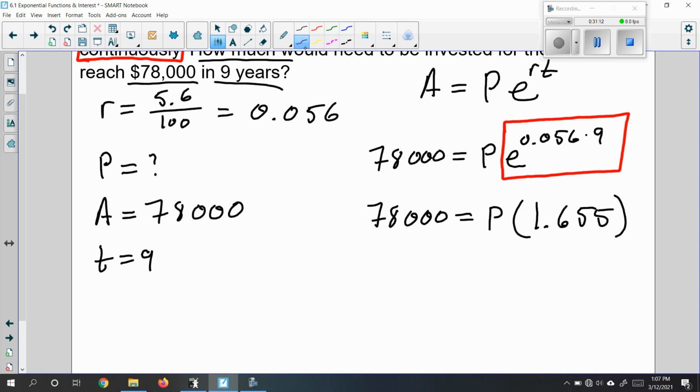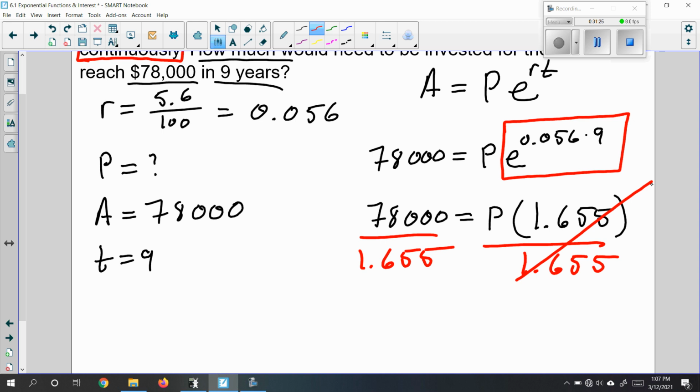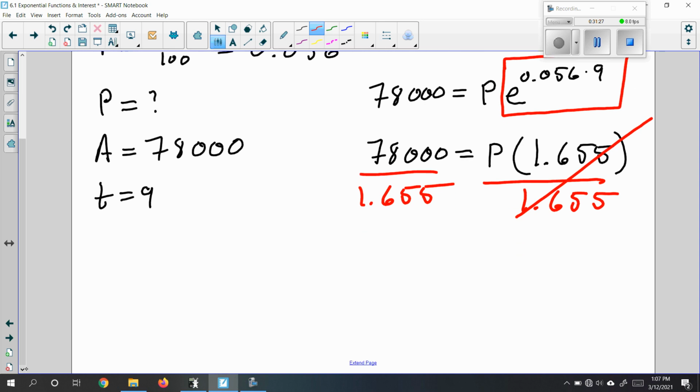So to solve this, we simply need to divide both sides by 1.655. And if you go on to take pre-calculus, you'll learn a lot more about E. And if you end up taking calculus, you're going to learn a whole lot more about E.